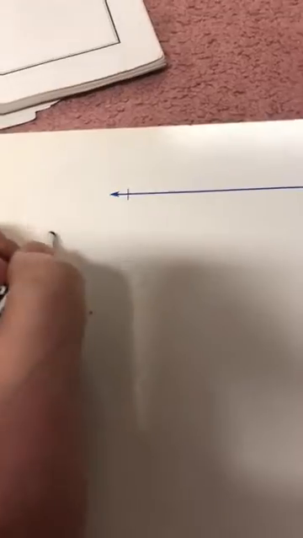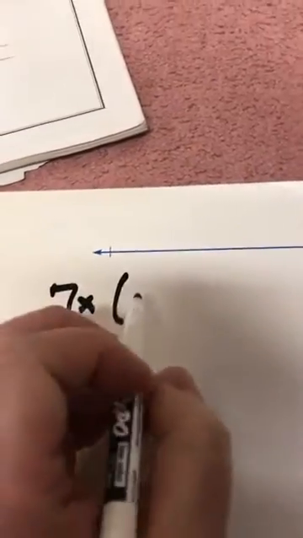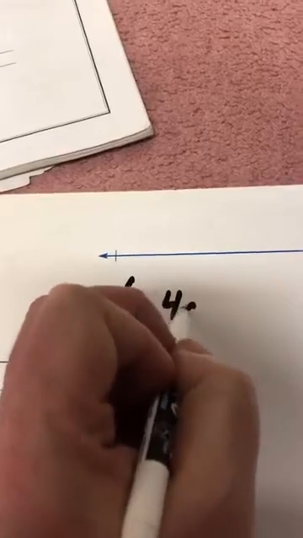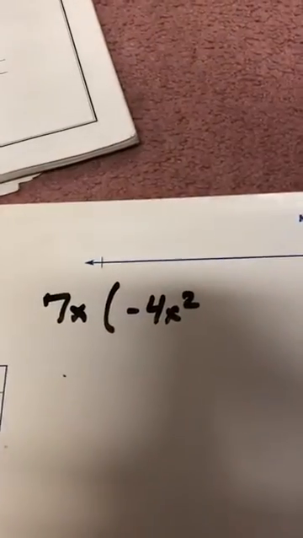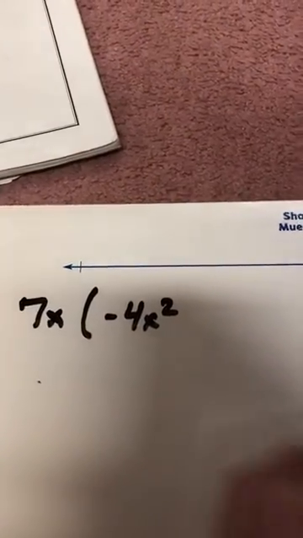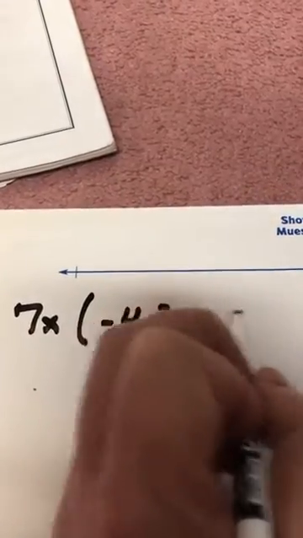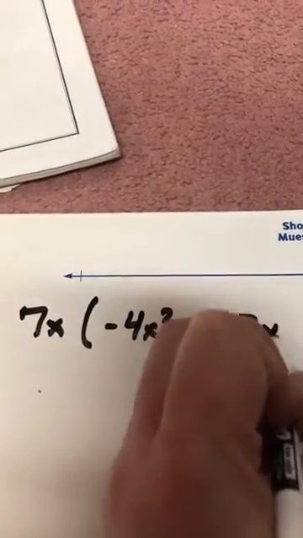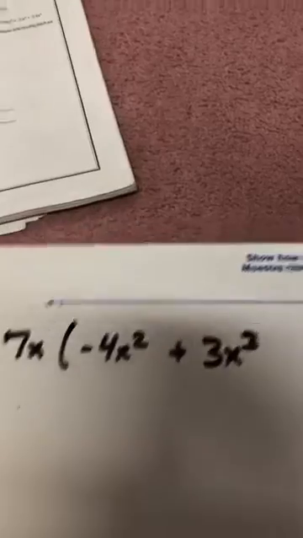So, let's say I get something that looks like this. All right, we're going to go 7x, and we're going to multiply all that by negative 4x to the power of 2. And then we're going to add, I don't know, 3x to the power of 3.